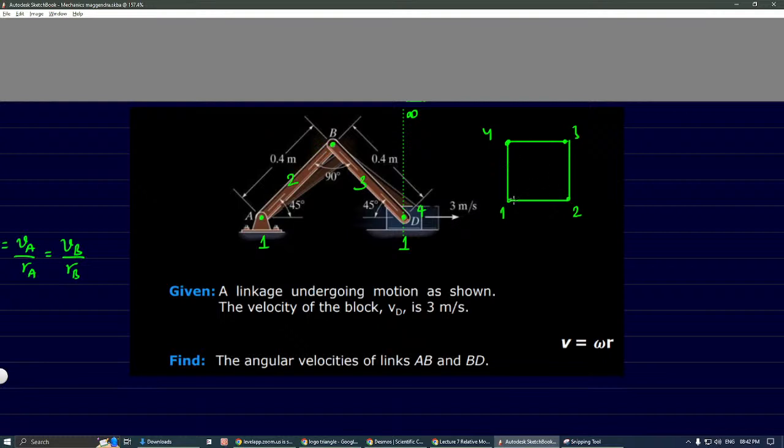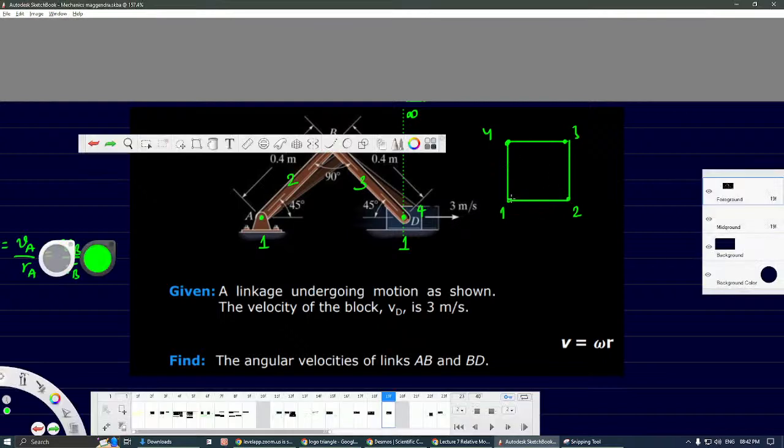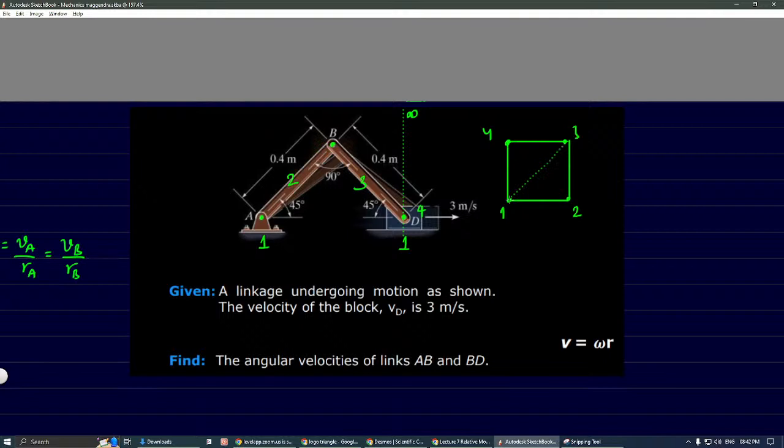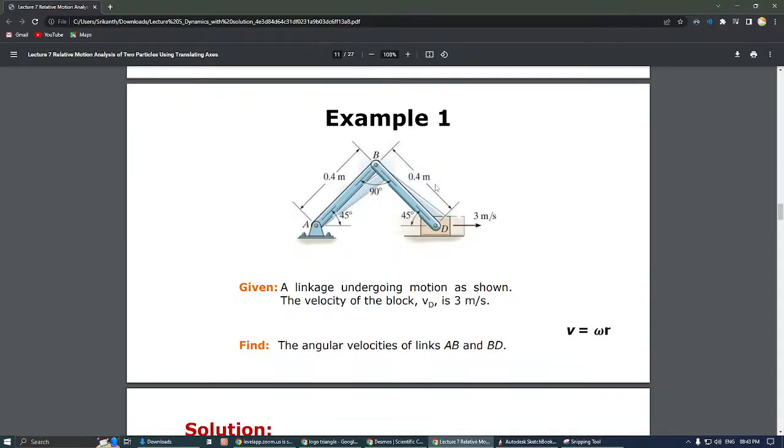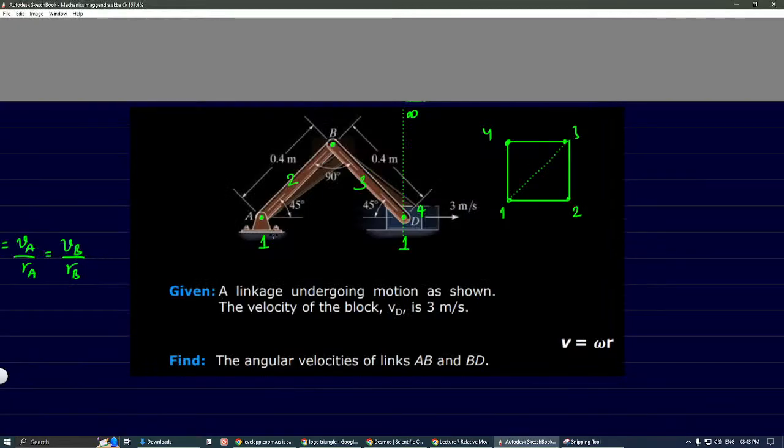Next, 1 will also be connected with 3. Okay. So how to find 1, 3? How to find 1, 3? So for 1, 3, there is a theorem called Kennedy's theorem. I think you are not taught about that. What's the question here? Let's understand that. And if there is a need for that, we will come to it.